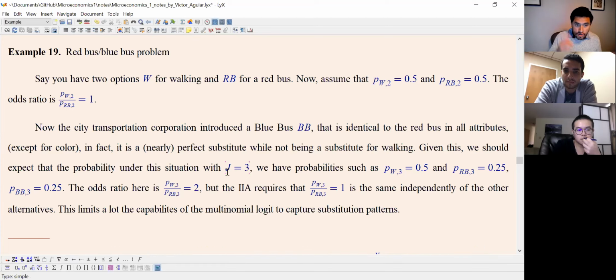Imagine that in this new choice set with J equal to 3, now we have probabilities, and these are coming from his mind. The probability of walking is still half, so 0.5. And the probability of red bus versus blue bus, given that they are nearly perfect substitutes, is 1/4, 25% each. Now let's go back to W on red bus and take the ratio. Now it's 0.5 divided by 0.25, which is, 1/2 divided by 1/4, is 2.